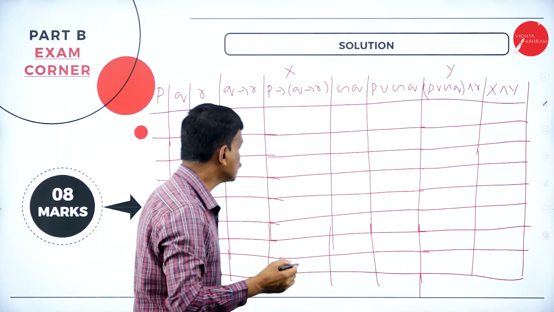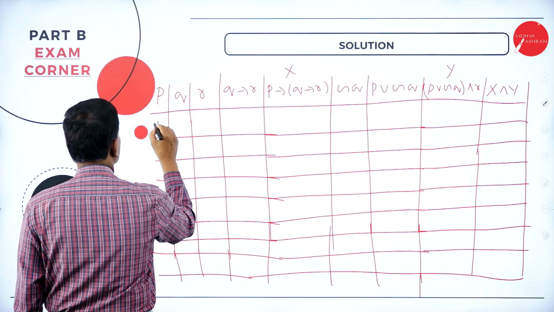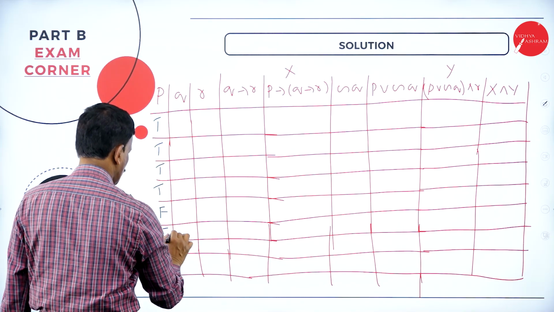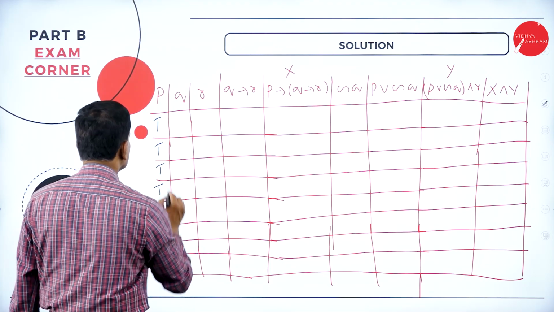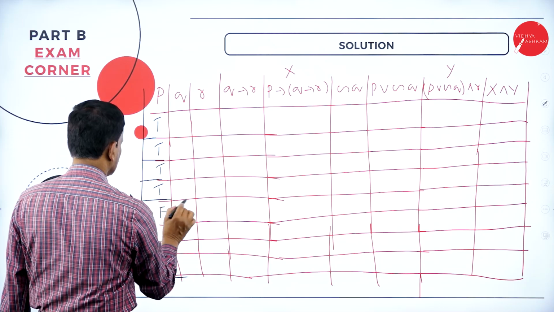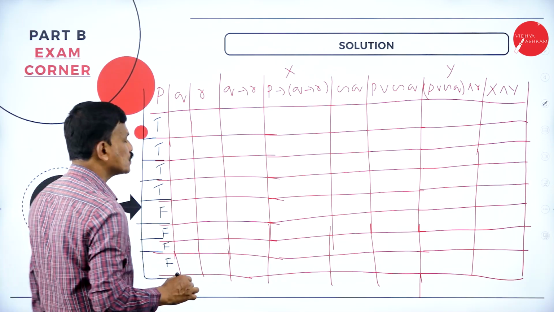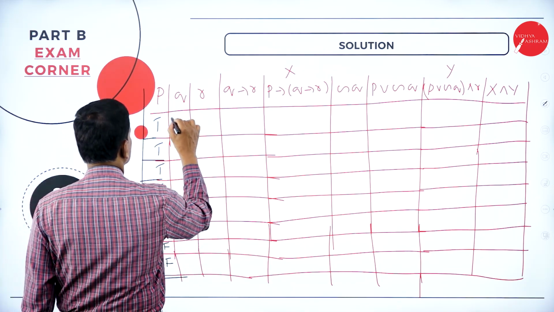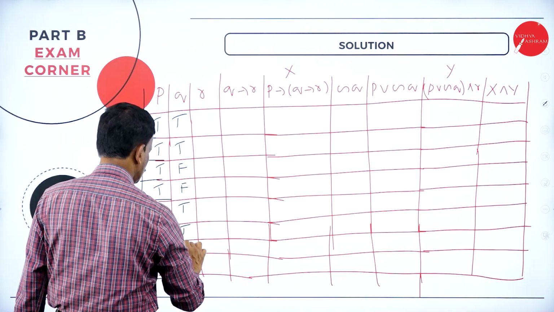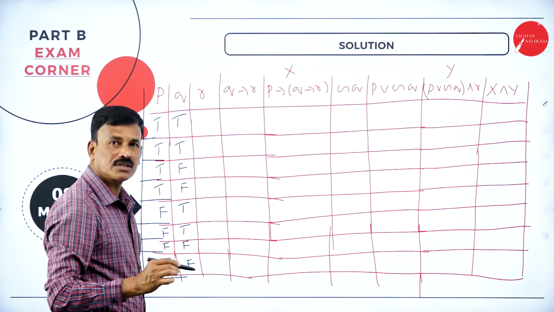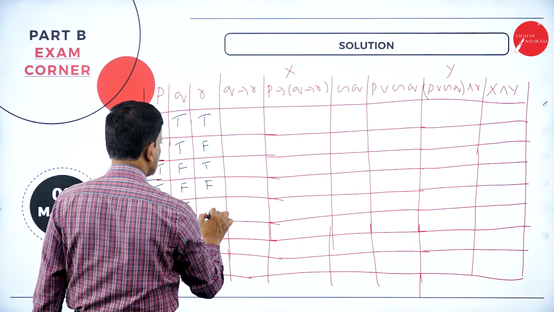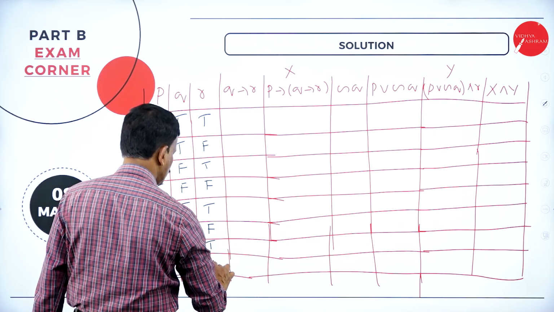Now the truth values. For P it is true, true, true, true, false, false, false, false. For Q, in groups of 2: true, true, false, false, true, true, false, false. For R it alternates: true, false, true, false, true, false, true, false.